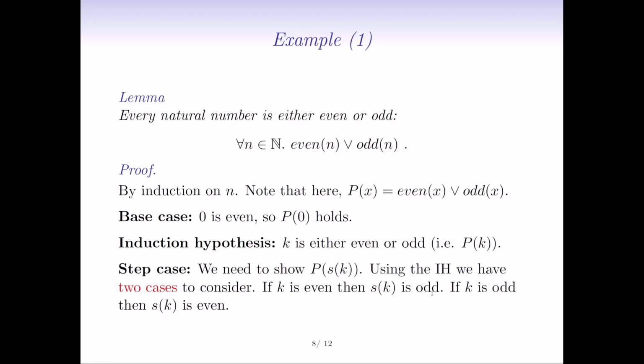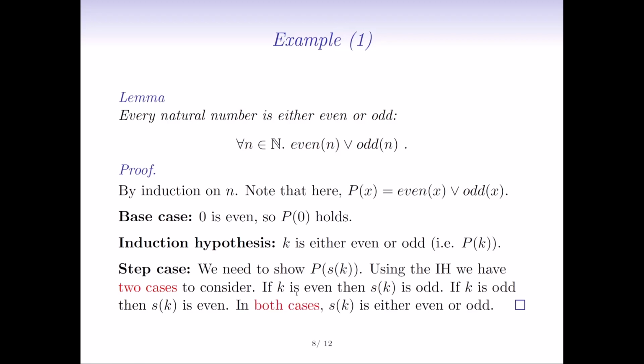On the other hand, if k is an odd number, then S of k is even, because the successor of any odd number is even. And so either way, we know that k is either even or odd by the induction hypothesis, and whether it's even or odd, its successor must also be either even or odd.